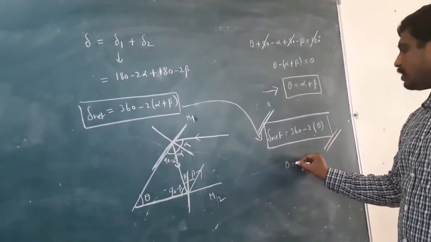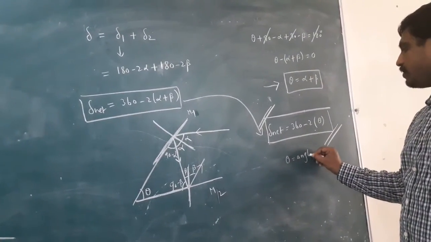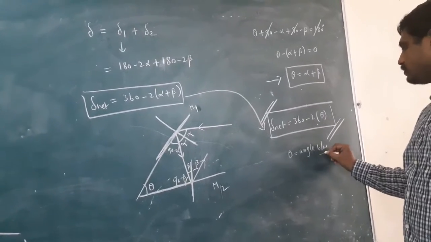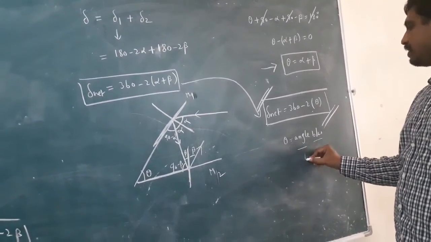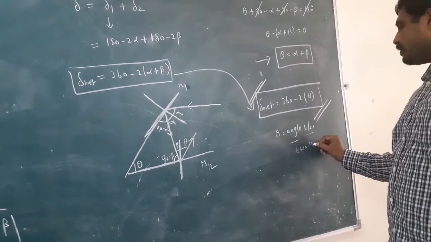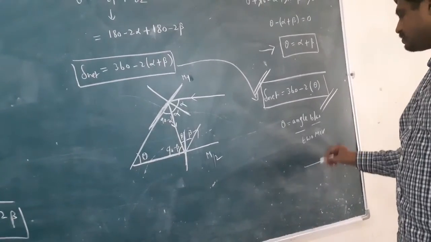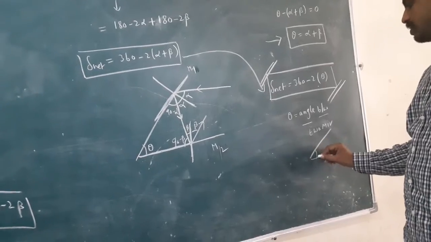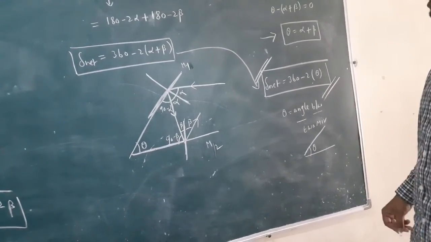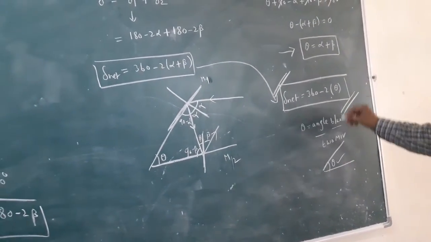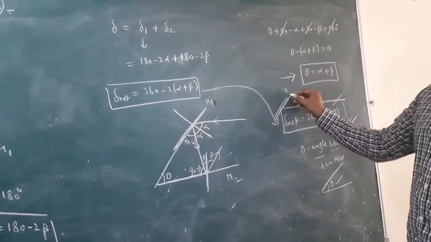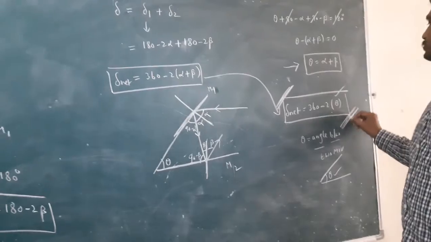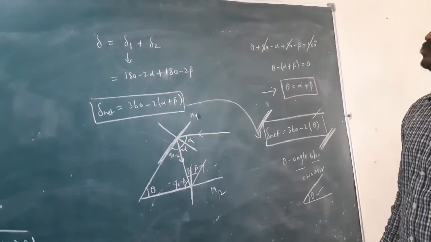Here theta is the angle between two mirrors. This is the first mirror, this is the second mirror. The angle between the two mirrors is theta. What is the net deviation formula? 360 minus 2 theta.